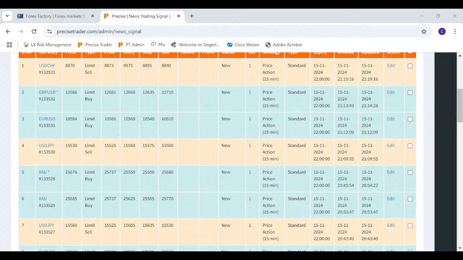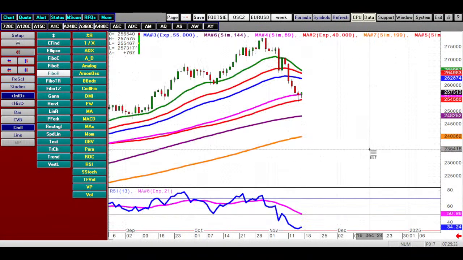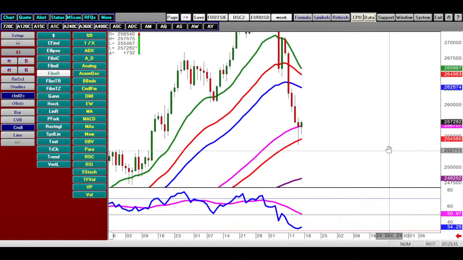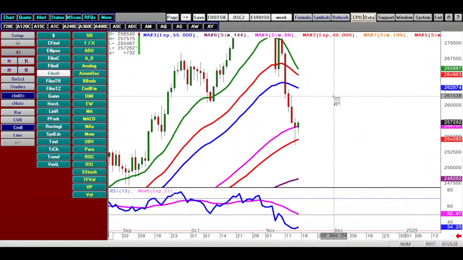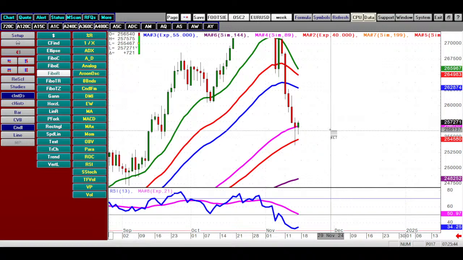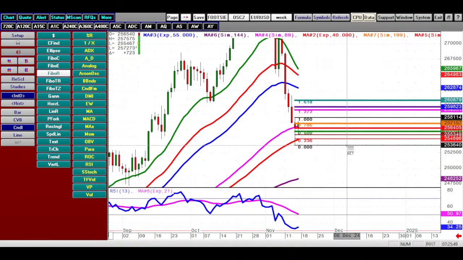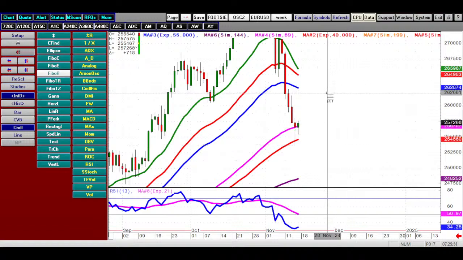Ninety three 2602. See the gold, gold has got good potential. Okay, let's see what happens.